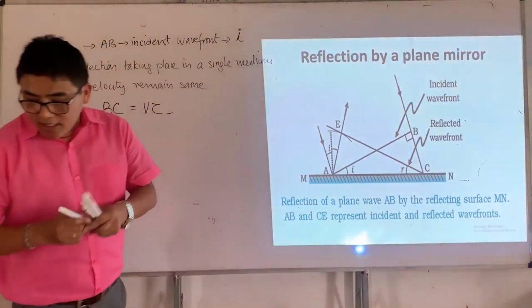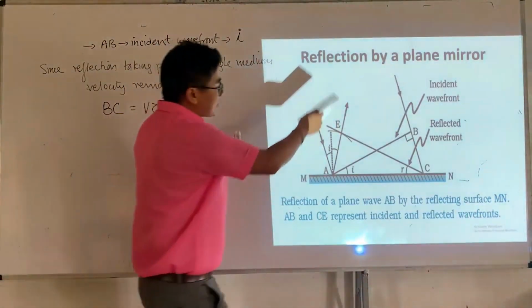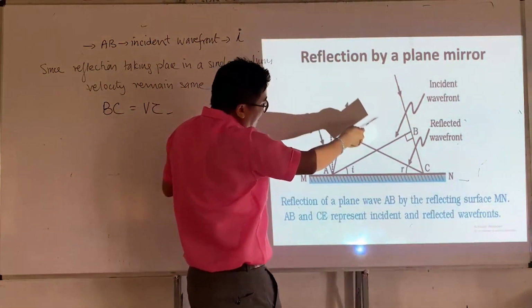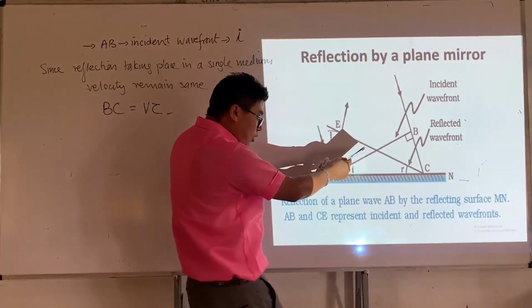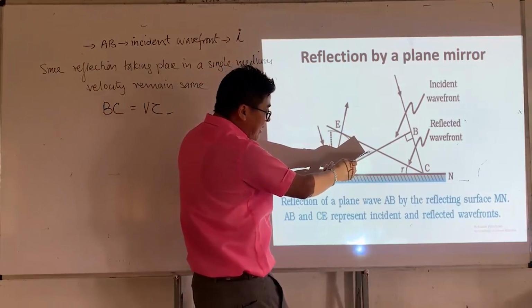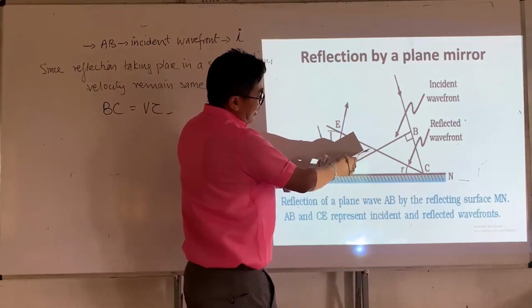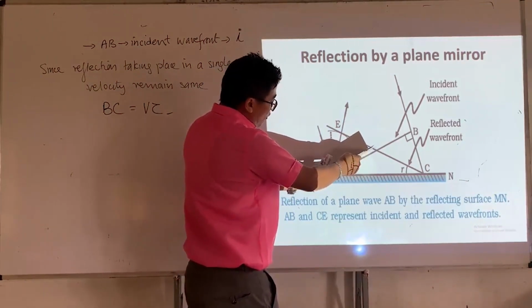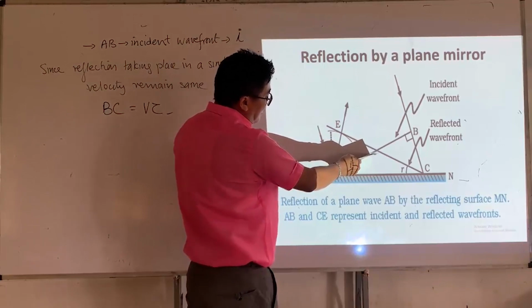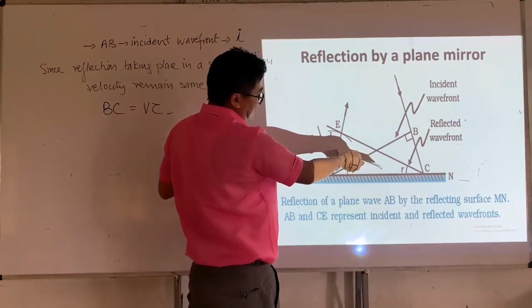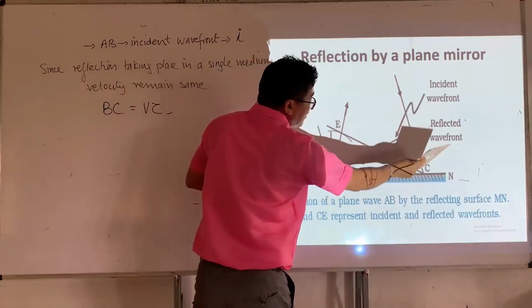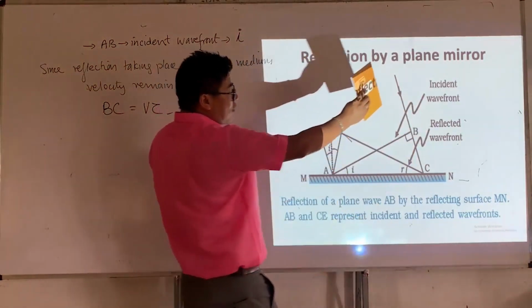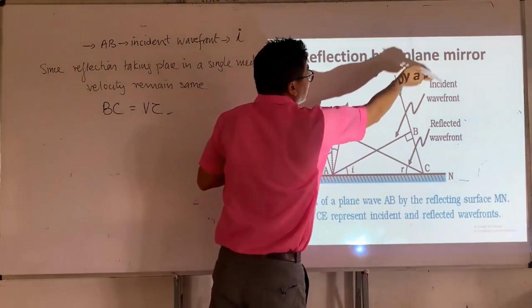Now look here, this is how the wave travels. This is the first portion of the wave that is incident on the mirror, and once it is incident, it starts undergoing reflection. It goes like this, and once this point is incident on C, then it all goes like this.